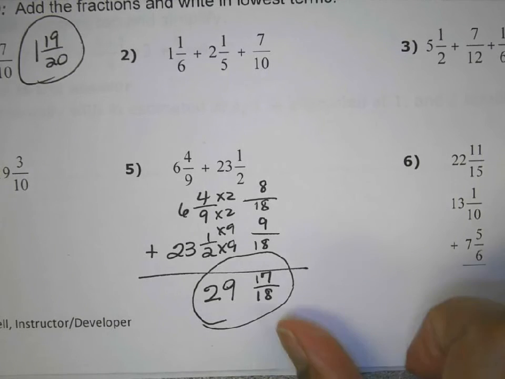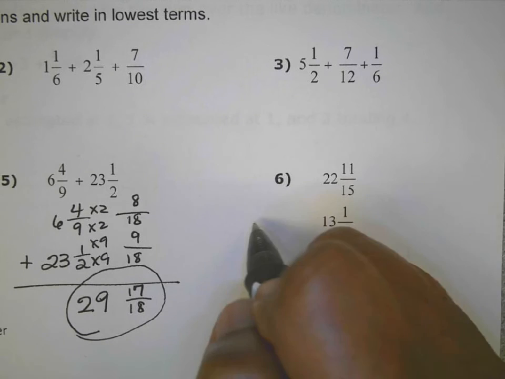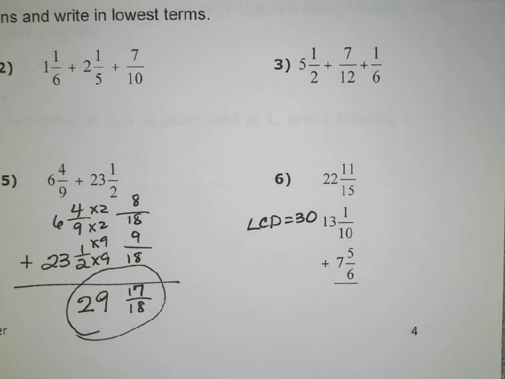And just to get you started on number 6, what's my LCD going to be on number 6? 30. So I'm just going to put that there. You guys are going to raise everything to 30, add the fractions together, simplify the fraction if you need to, and then add it to the total or the sum of the whole numbers, okay?